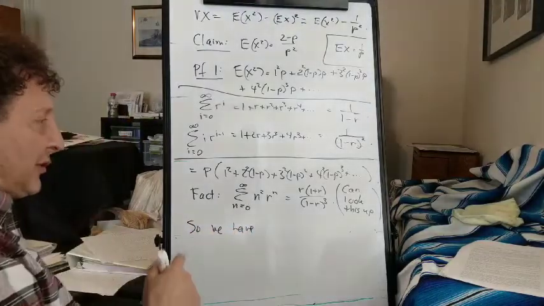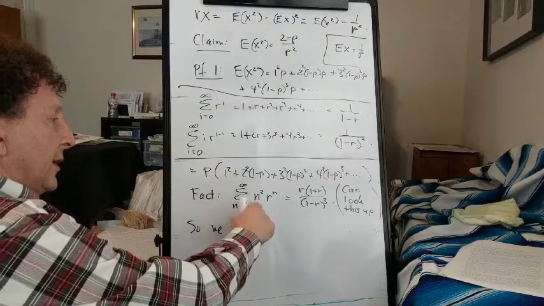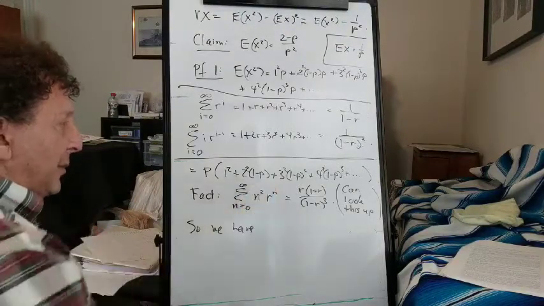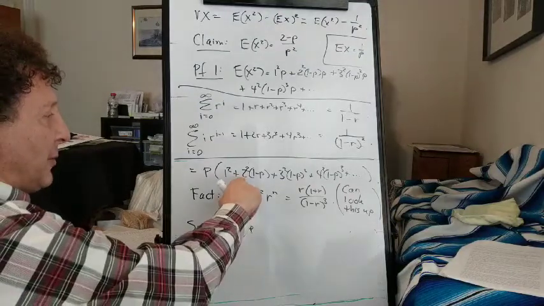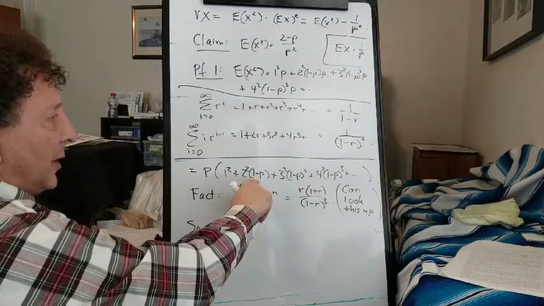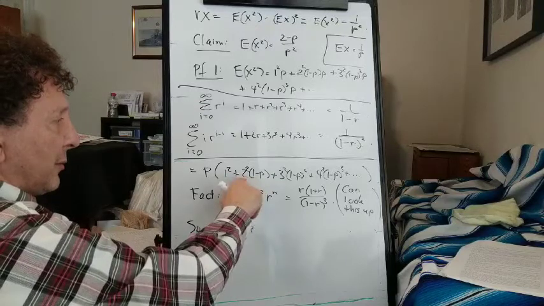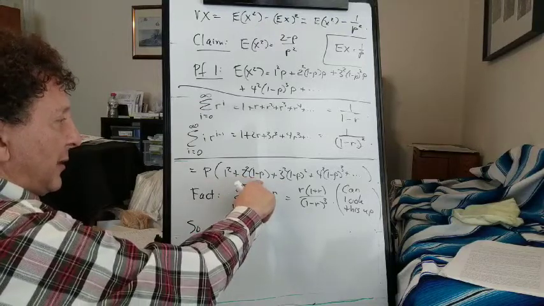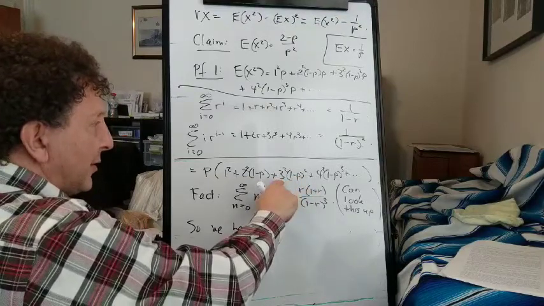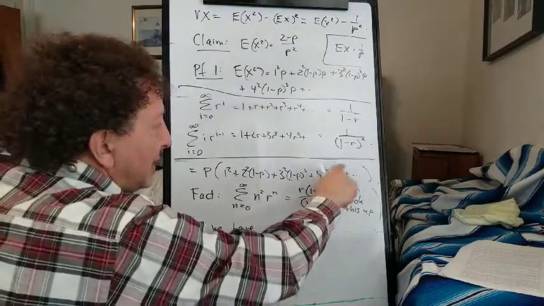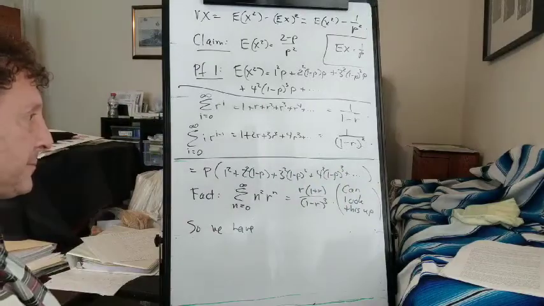So we have something that looks a little bit like this. Numbers squared times r to that number. Actually, we've got number squared times r to 1 smaller than the number that's squared. We have 1 minus p to the first here next to 2 squared, 1 minus p squared here next to 3, 1 minus p cubed next to 4.